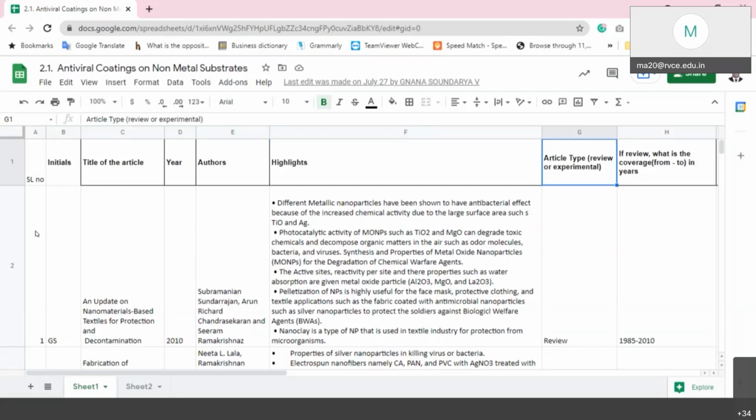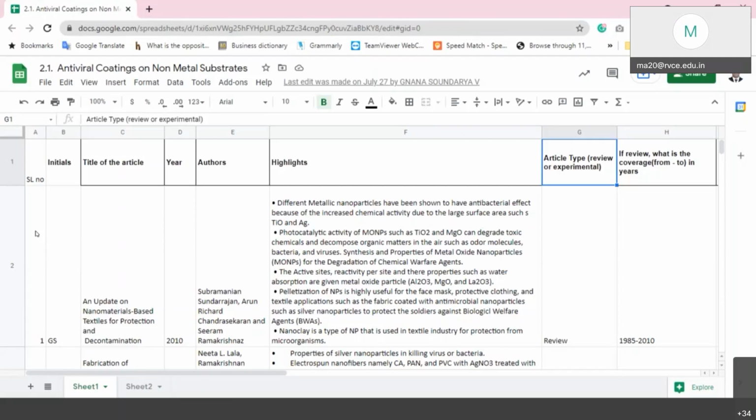Now, next thing I would like to emphasize on is the difference between a research paper and a review paper, right? So what is a research article? A scientist or a researcher or group of researchers have carried out experimental work, and they have got some good results, so that they are going to publish as a journal article, as a research article or experimental article, right?